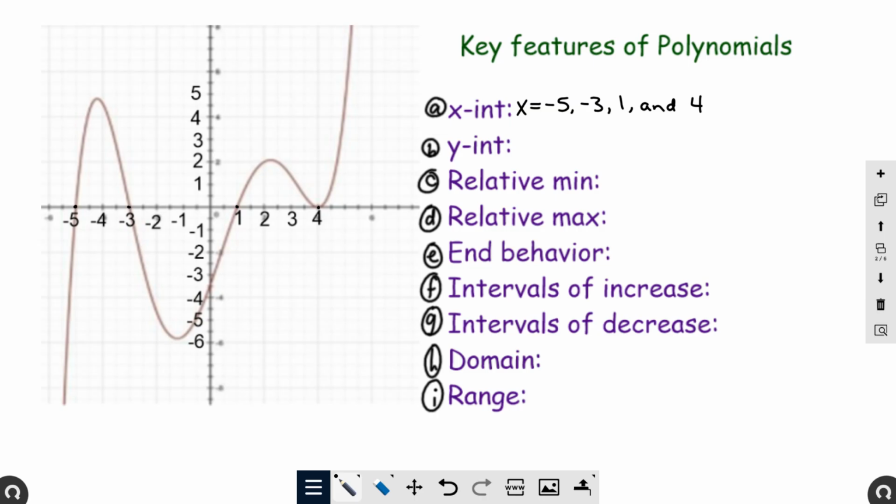Now, how many x-intercepts do we have? There's 4. But think about those sentences you just wrote down. Those are 4, which means there's an even number because 4 is even. So the ends of the graph should go in the same direction. Do the ends of this graph go in the same direction? No, they don't. They go in opposite directions.